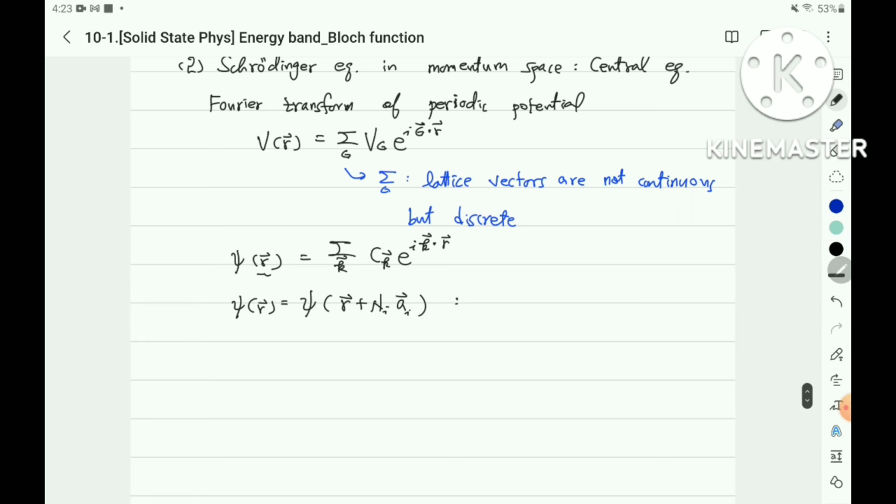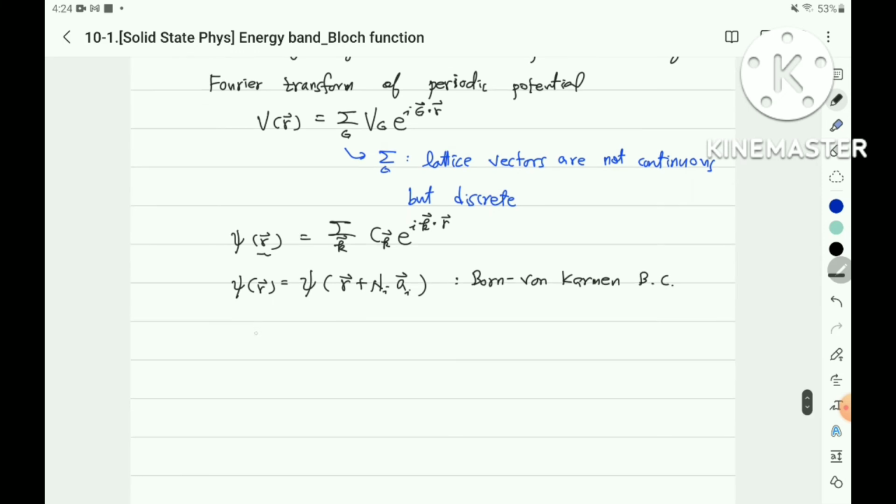We call it the Born-Kármán boundary condition, and it means that the solid can be thought of like a chain.